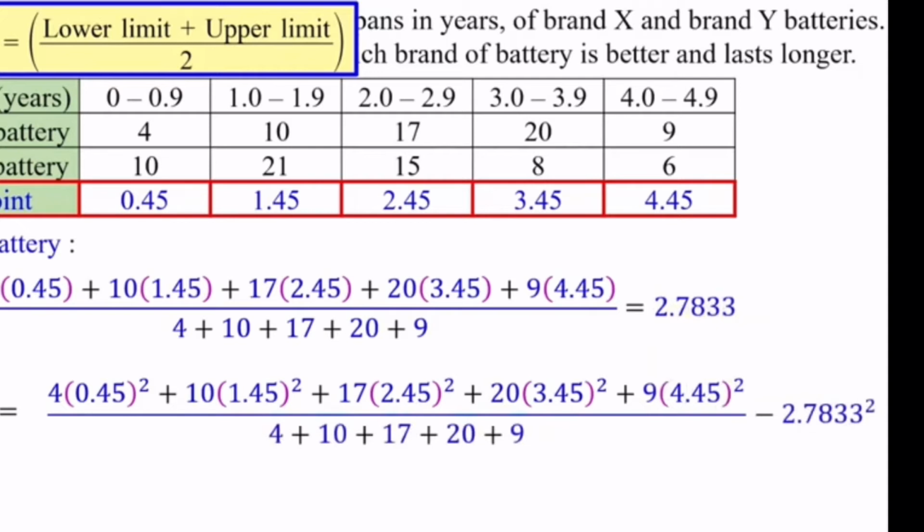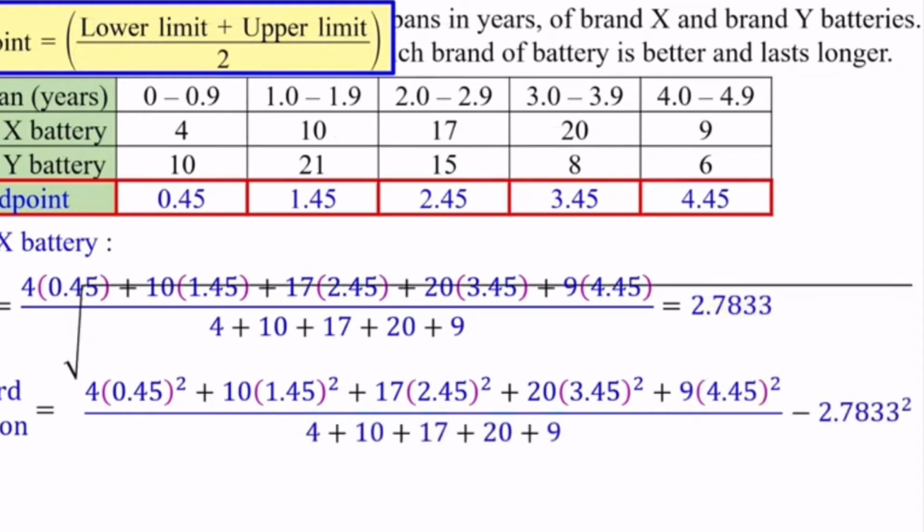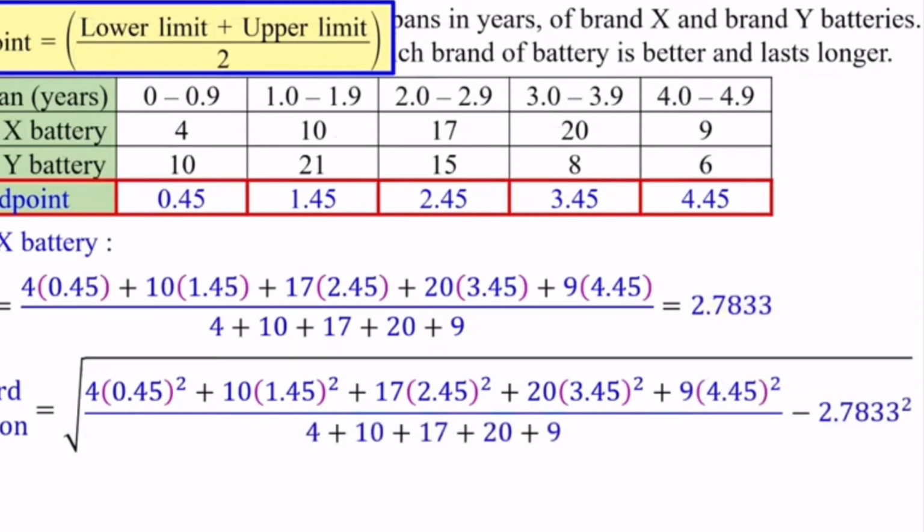Okay, make sure it's square. And then we need to square root the answer. So the standard deviation for the brand X battery is the square root of the answer just now, which is 1.12. 1.12 is the standard deviation for the brand X battery.